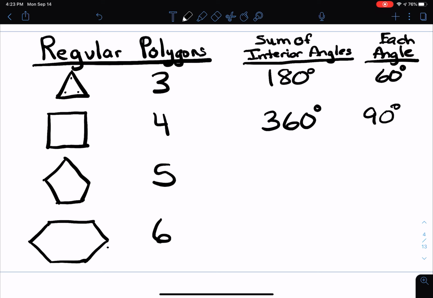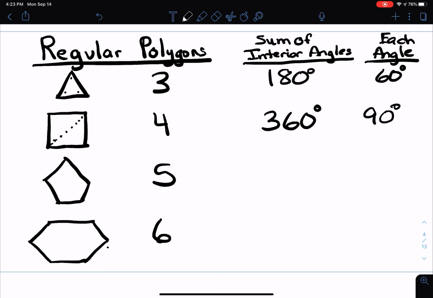Well, if we use the same vertex and draw segments to the other vertices, we can divide each of these shapes into smaller triangles. This is a trick used a lot in geometry where you're thinking the original shape might be complicated, but if we can break it up into smaller, more familiar shapes, sometimes we can get somewhere with it.